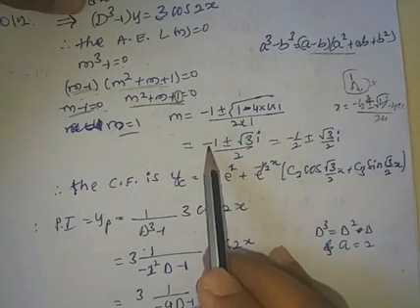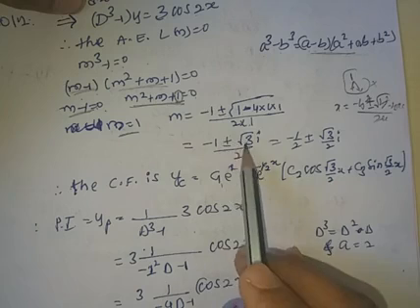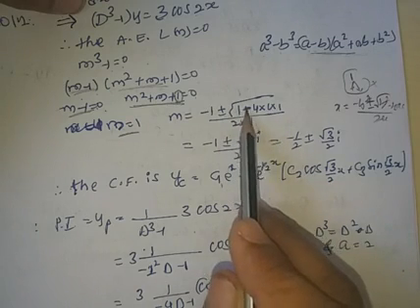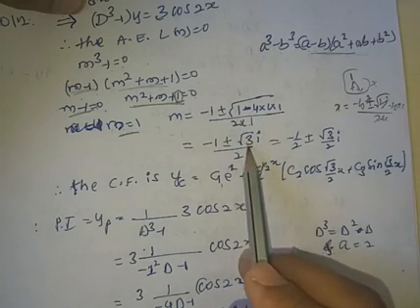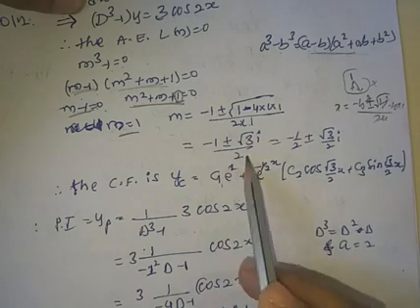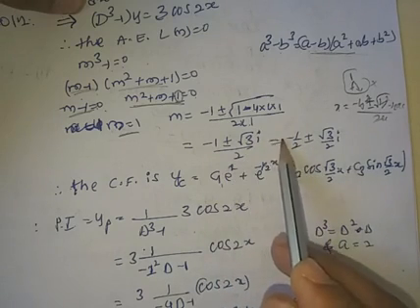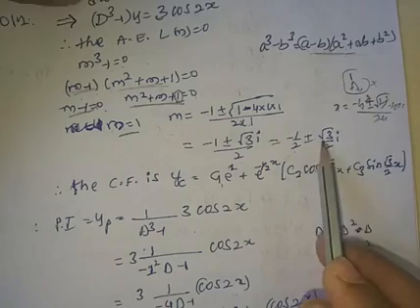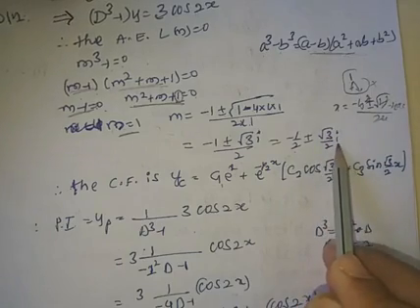Further simplification leads to minus 1 plus or minus under square root minus 3, and under square root minus 3 you can write as root 3 into i, whole divided by 2. Therefore you will get the roots of this factor as minus 1 by 2 plus or minus root 3 by 2 i.